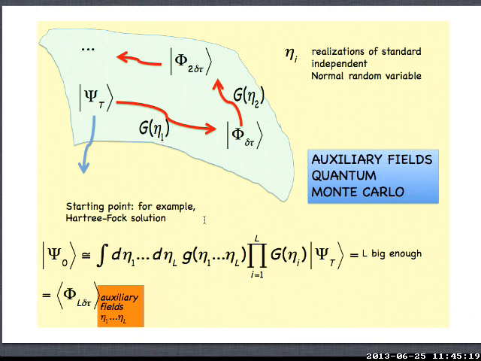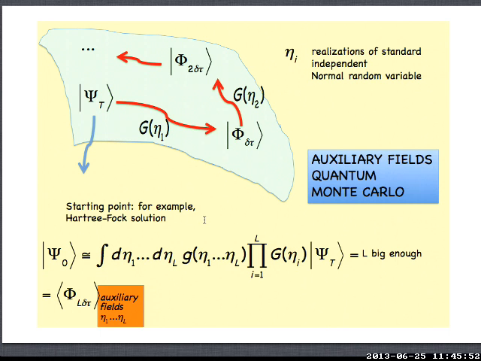In this way, if one considers a trial wave function which is itself a Slater determinant, for example, the Hartree-Fock solution or orbitals coming from DFT calculations, one can stochastically sample the Gaussian auxiliary field that generates a movement in the manifold of Slater determinants.